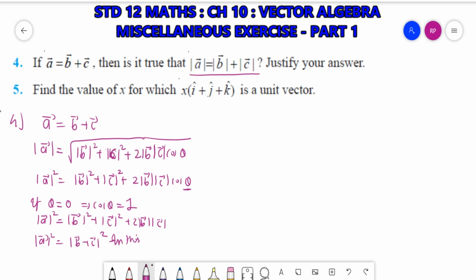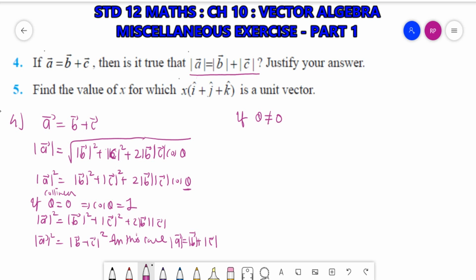In this case, when both are parallel, modulus of A equals modulus of B plus modulus of C. If collinear or parallel, in that case this is possible. Okay, clear? If B and C are collinear, then this is possible. But if theta is not equal to 0, right?